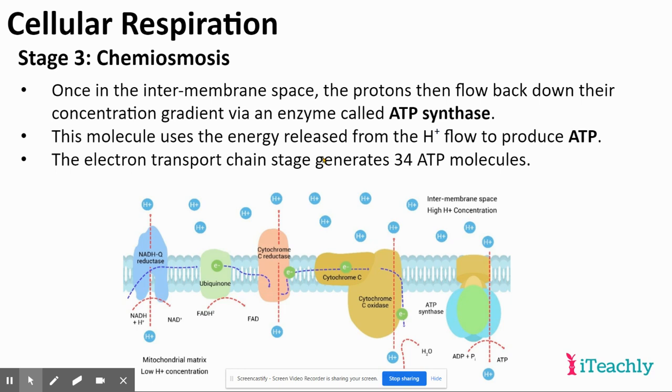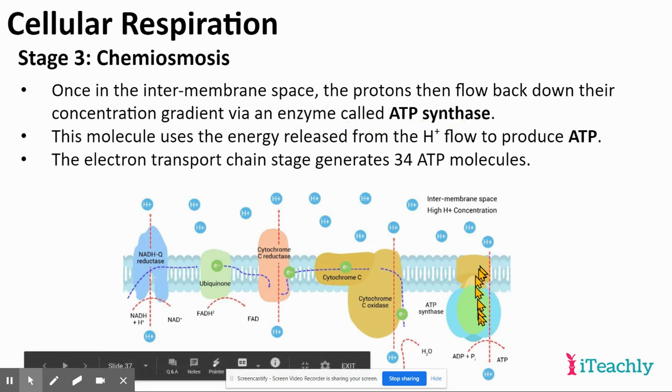Okay, so once you have created that gradient, then the protons, or the hydrogen ions, you could call these protons as well, can flow back down their concentration gradient via an enzyme called ATP synthase. And this is a really cool protein. I'll show you it, but it looks like a little machine.